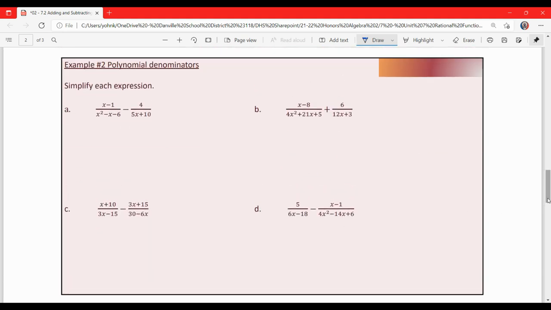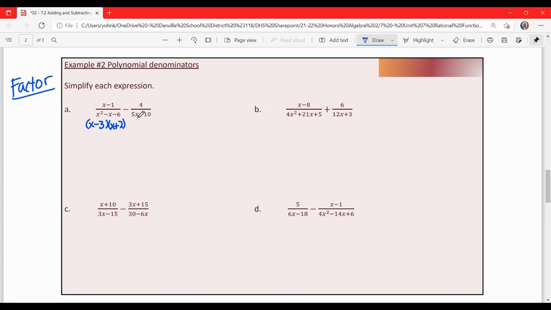So I'm going to simplify. Now, before I do anything, I need to factor. Always, always, always factor. So if I factor on the left, two numbers that add to give me negative 1 and multiply to give me negative 6 are negative 3 and positive 2.